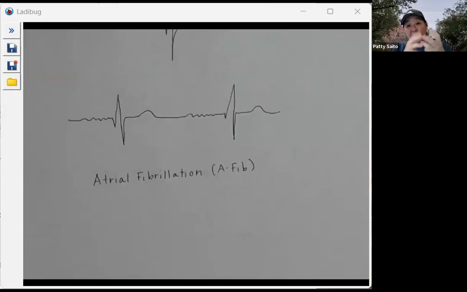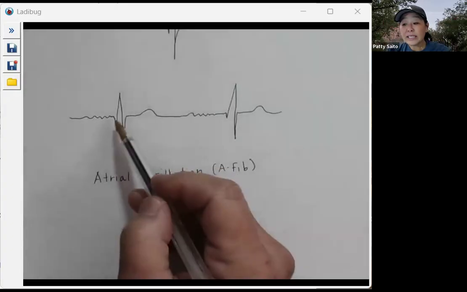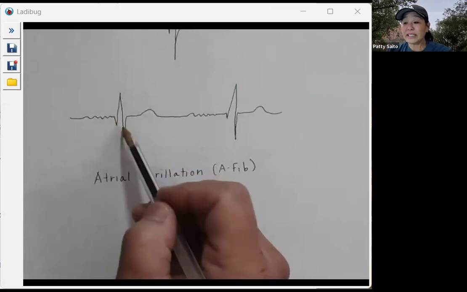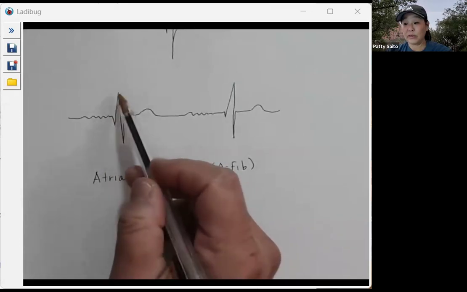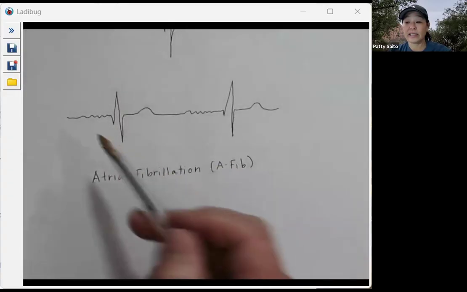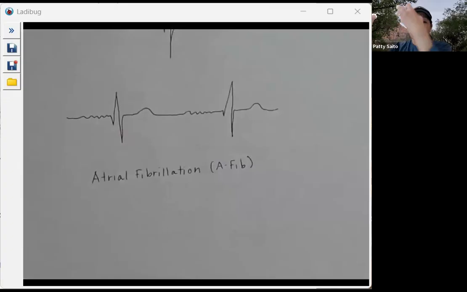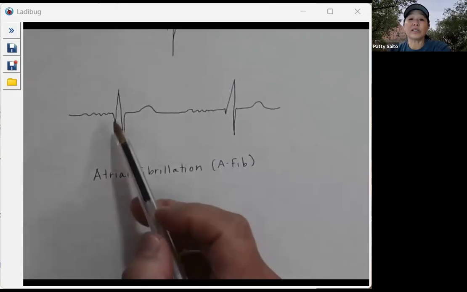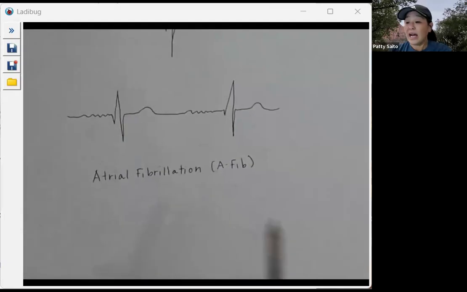They're not coordinated. But it's not as serious because the ventricles are coordinated and you get the QRS. So the blood maybe isn't getting into the ventricles as efficiently, but it is getting in. And then the ventricles contract and you're okay.